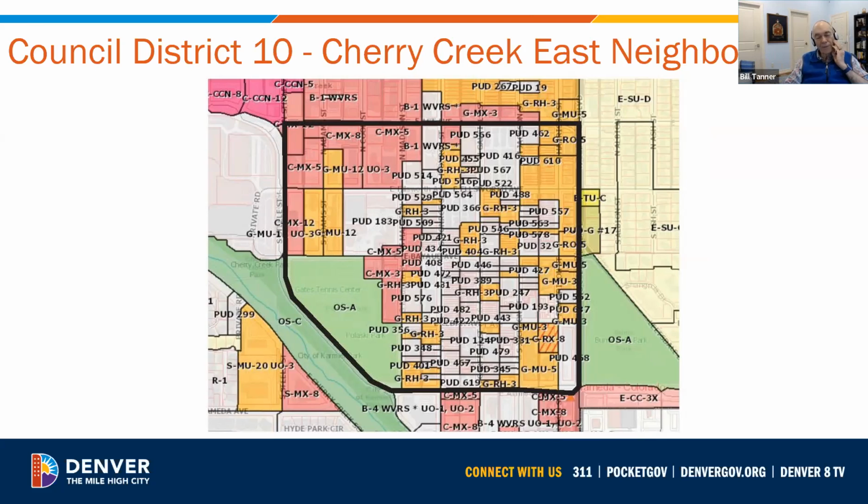There's also Cavode, which is a 350 unit residential development in the center of the west part of Cherry Creek East, which is where the high density development is taking place.